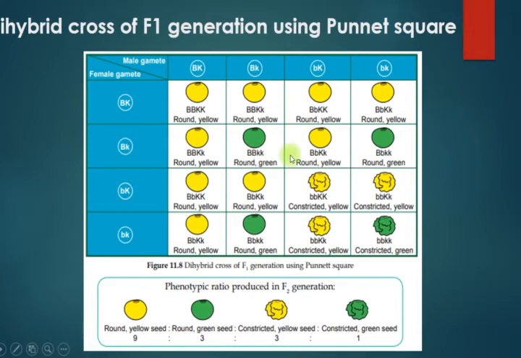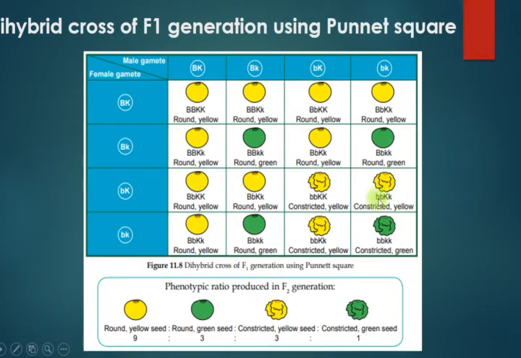Alright, I choose another example. If the gamete has small b, small k, fertilized with small b, big K, it will produce an offspring which has small b, small b, big K, small k. And what is the phenotype shown by the seed?